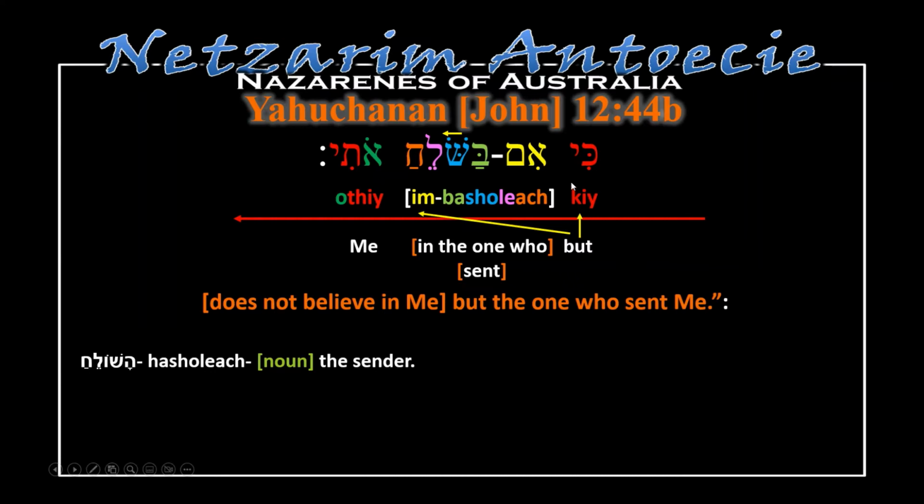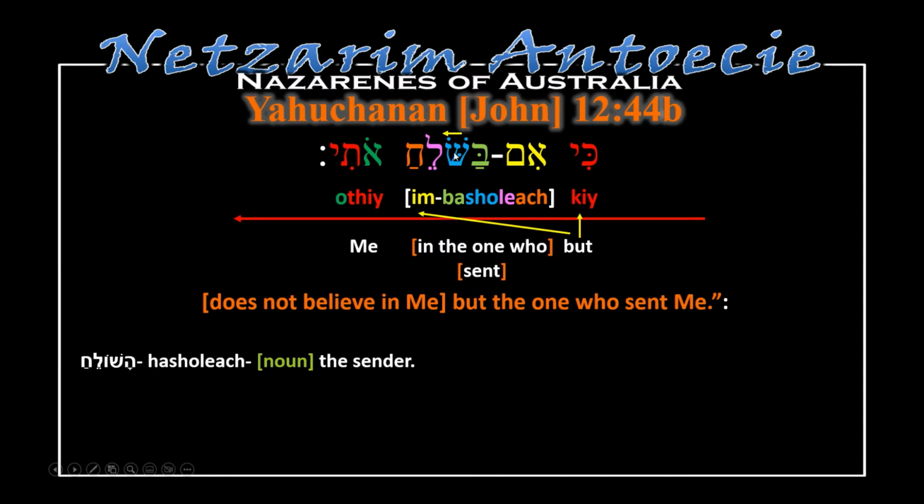Now, as I've put here, this is ki, and then we've got im. Now, generally when these two come together like that, then they have a simple meaning of like but. Ki im, but. Ba-sho-le-ach. So this is bashaloach, shaleach, sorry.